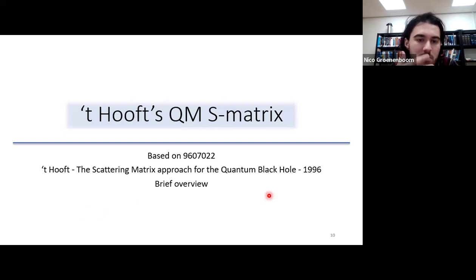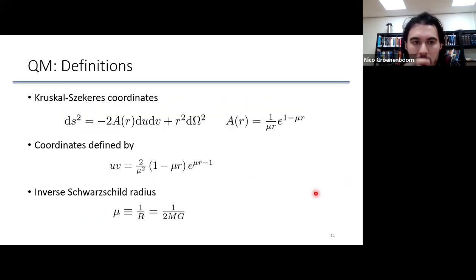So first, we'll briefly review 't Hooft's quantum mechanical S matrix. This is based on his 1996 paper. So some definitions to clear this up. We'll work on the Schwarzschild background in Kruskal coordinates, where the light cone component just has the function A of R that's given by this.